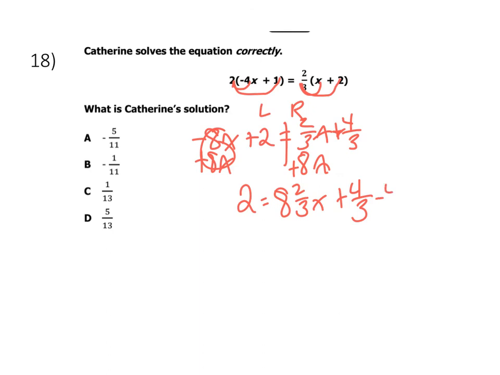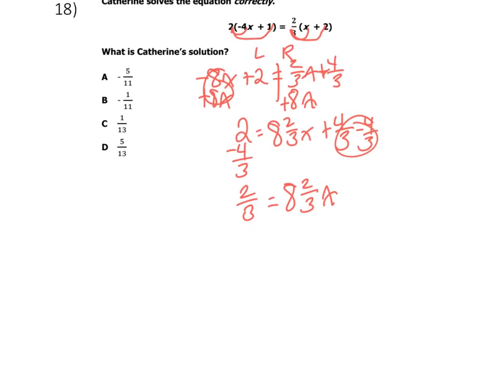I'm going to subtract 4/3 to get 0, minus 4/3, so 2/3 equals 8 and 2/3 x. So I'm going to get x by itself by dividing by 8 and 2/3 on both sides.